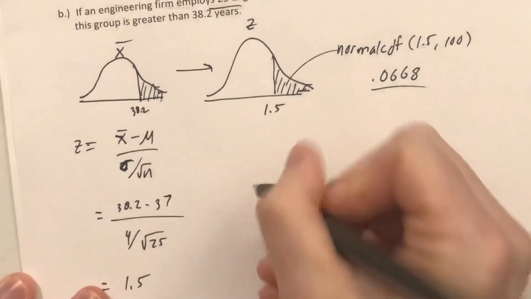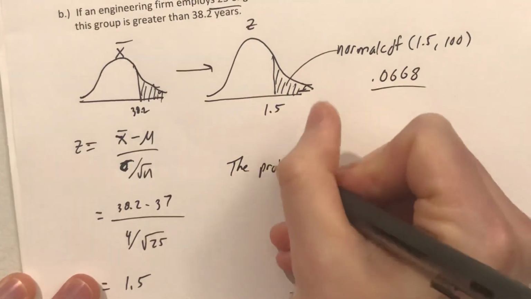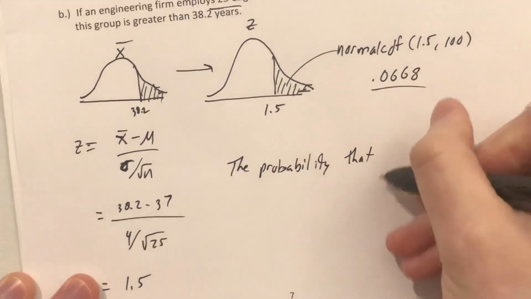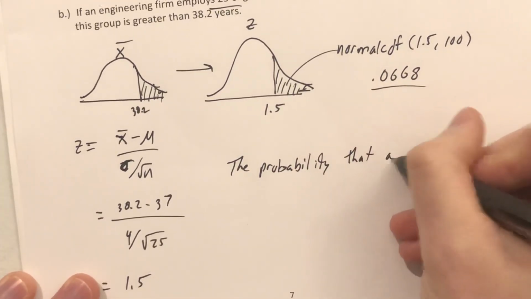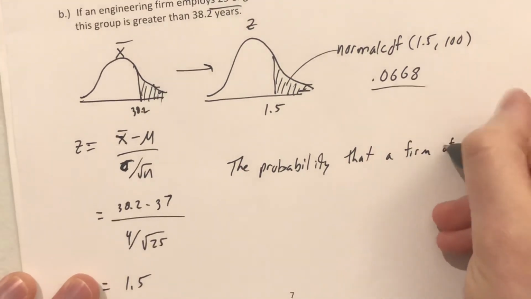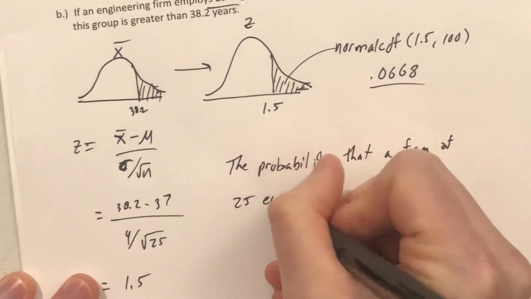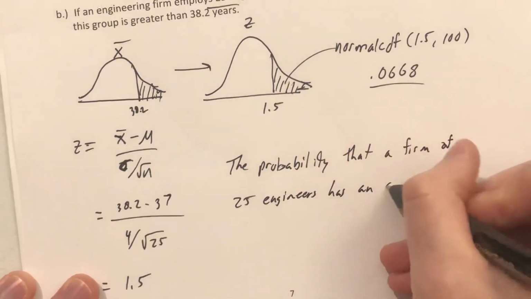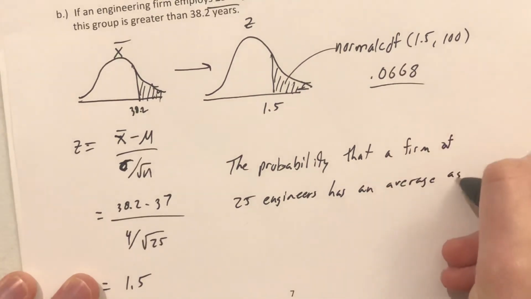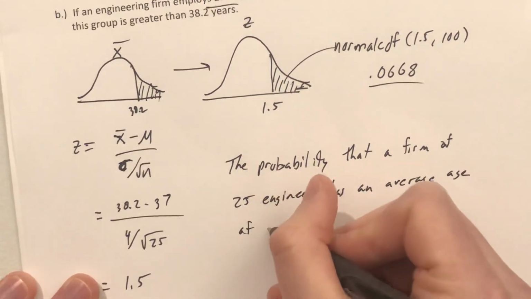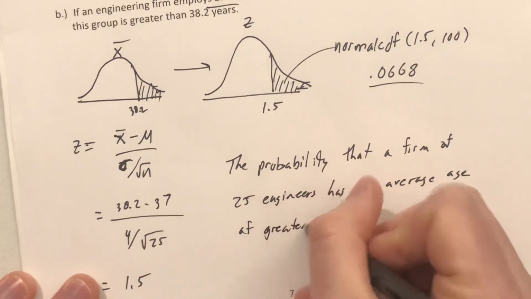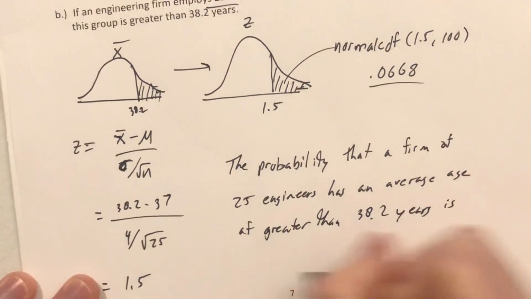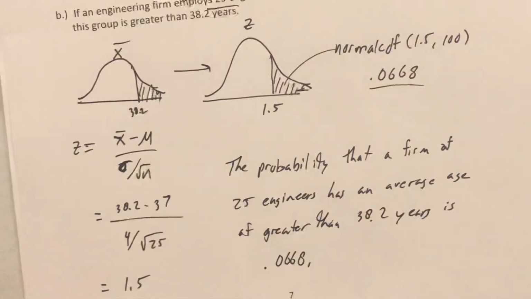And so the difference in the sentence now will be the probability that, and we could say a firm, you could put a sample of 25 engineers has an average age of greater than 38.2 years is 0.0668.